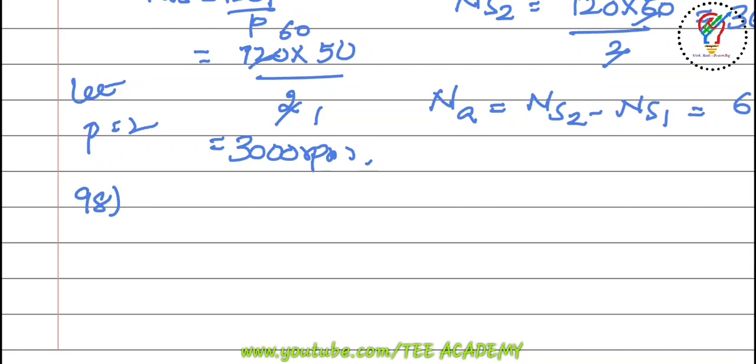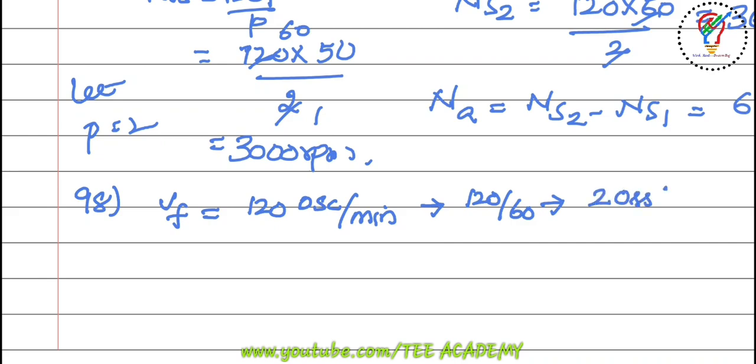The first step is to convert this voltmeter reading. The voltmeter frequency reading is 120 oscillations per minute. Converting into seconds, 120 by 60 leads to 2 oscillations per second, or we can say 2 cycles per second.